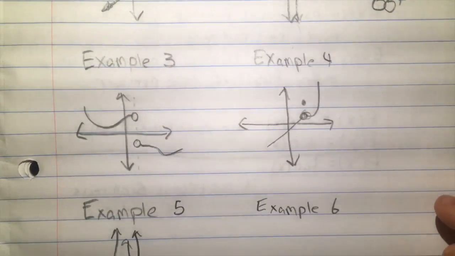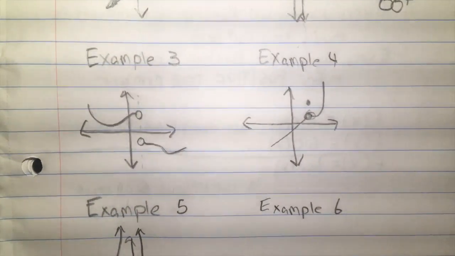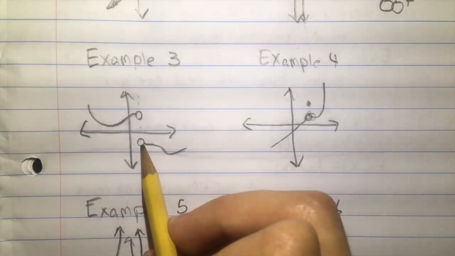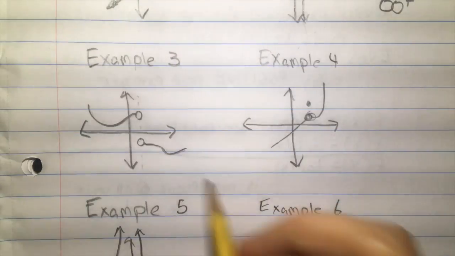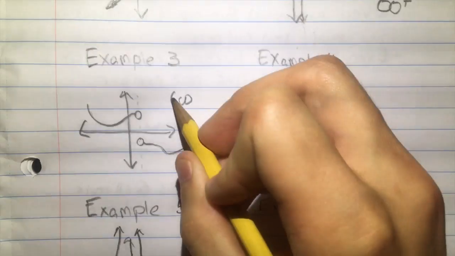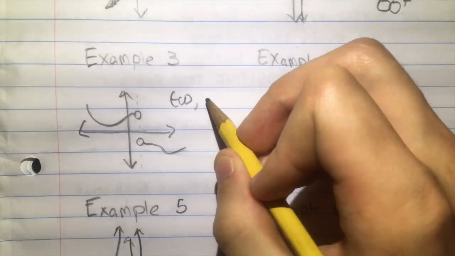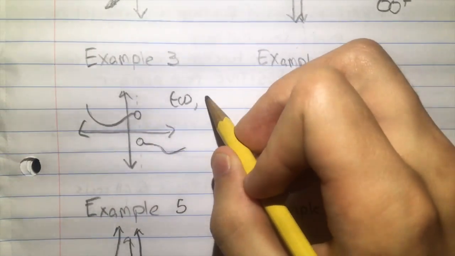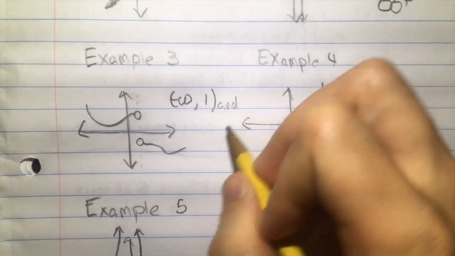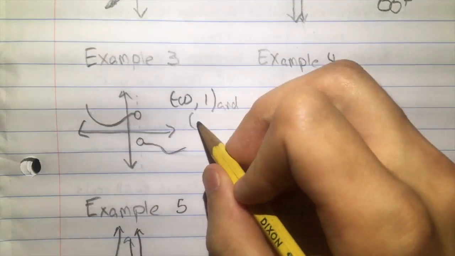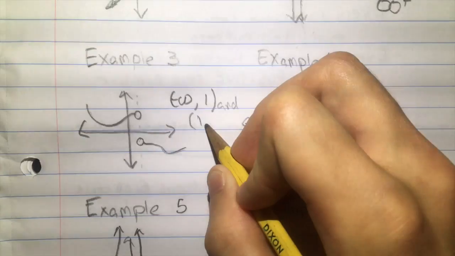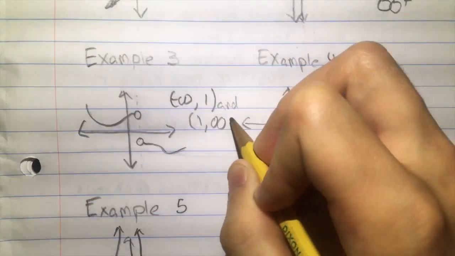For examples 3 and 4, it would be the same way. It's continuous all the way up to here, and continuous from there on. So it would say negative infinity to whatever number this is. Let's say that's 1, and 1 to infinity.